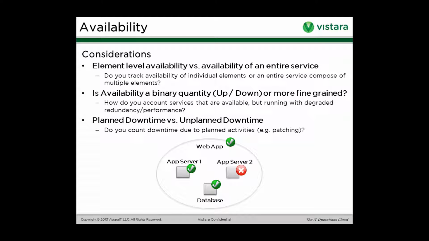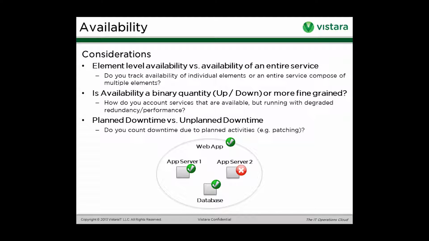And so you may have a situation where the database is running fine and one of the app servers is running fine, but the other app server may be down. So the service is still up and running, it is still responding, but it's somewhat degraded, right? And so at what level do you measure availability? When you do your weekly reports or monthly reports, do you track it at the level of an individual device, or do you look at the entire service and say, okay, what is the availability I'm delivering for the service?